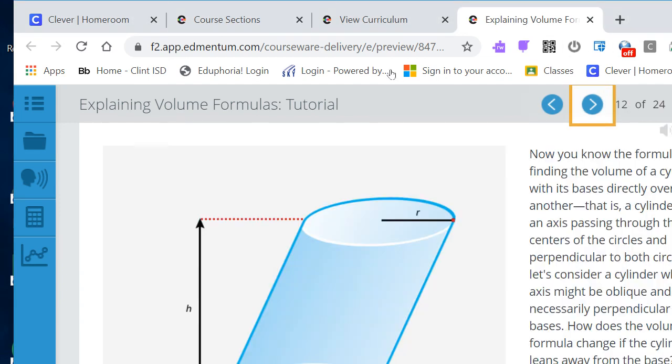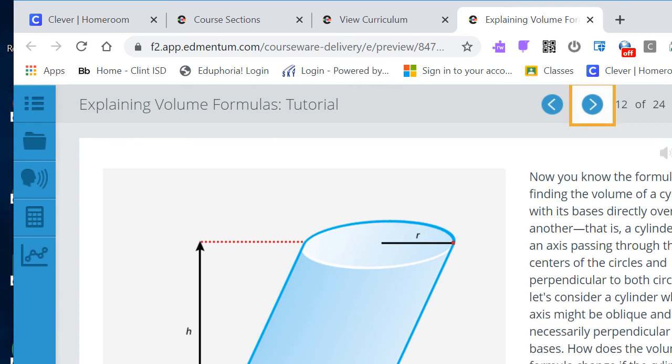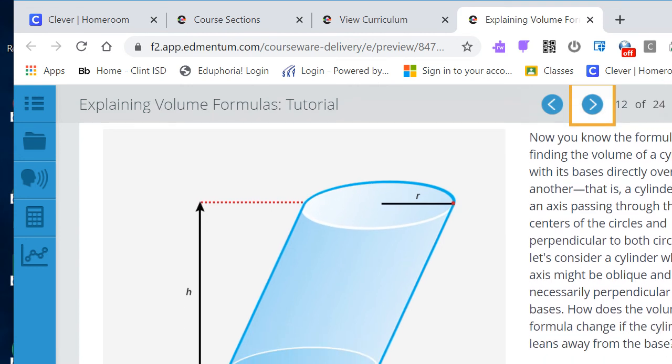Okay, let's keep on going. We're almost there. Now it starts talking about our cylinders when they're slightly slanted. What happens to them? If the radius stays the same and the height stays the same, then the oblique cylinder, which is called oblique because it's slanted, not straight up and down, will have the same volume.